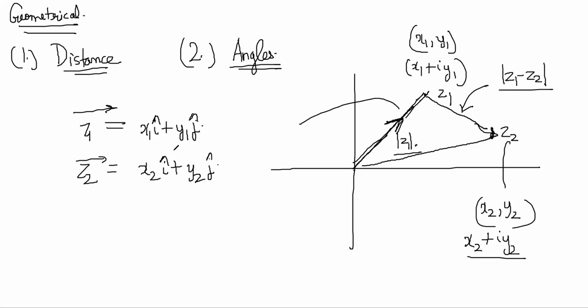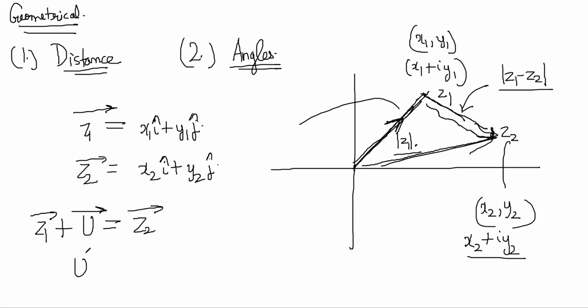So if I have the Z1 vector and the Z2 vector, then obviously this third vector I can figure out by the addition rule of vectors. This vector plus this vector should be this vector, right? So what is the third vector? I will write Z1 vector plus unknown vector is equal to Z2 vector.